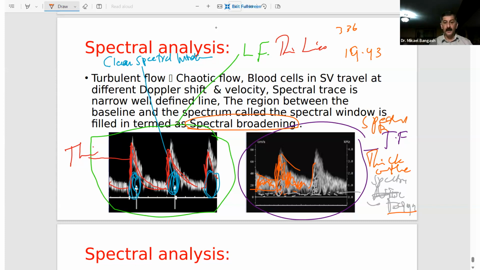What spectral broadening indicates is that these are our velocities, all dependent upon how our graph goes up and down. We are not having a laminar flow, but the flow is rather going to be turbulent. Did that make sense?